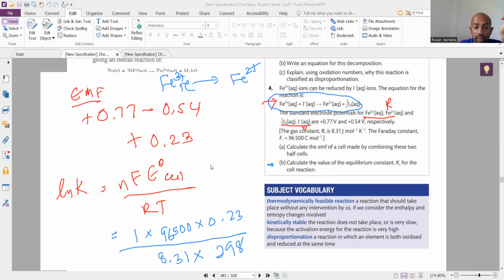Tell me the answer for this ln K. Natasha, what is the answer you got? And this is ln K, no? Then shift ln inverse, and you can get the K value.